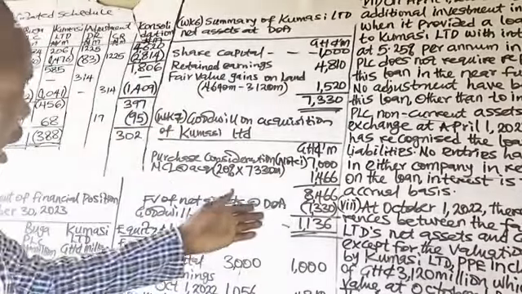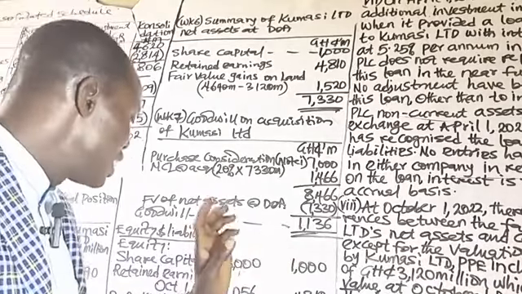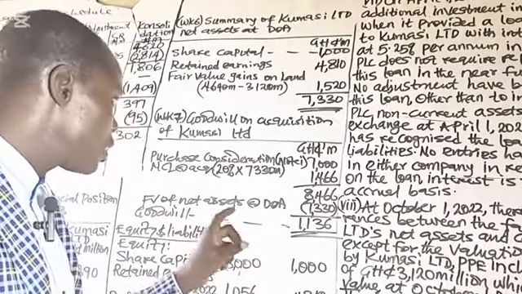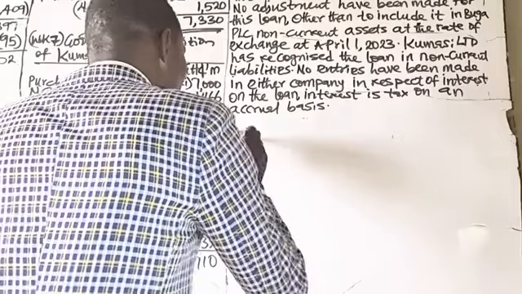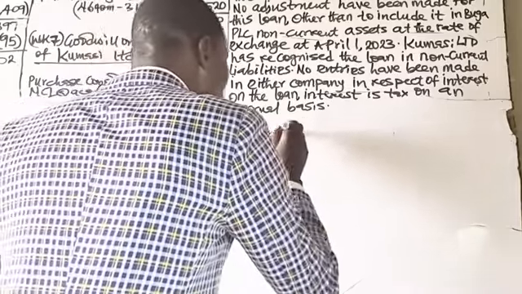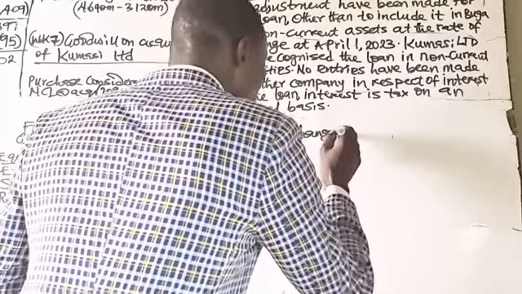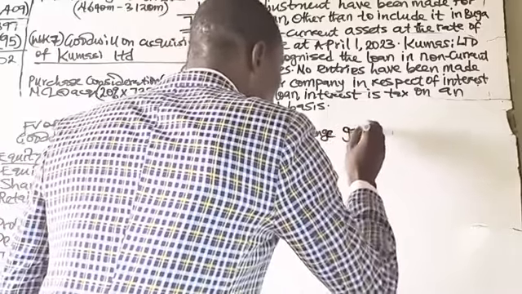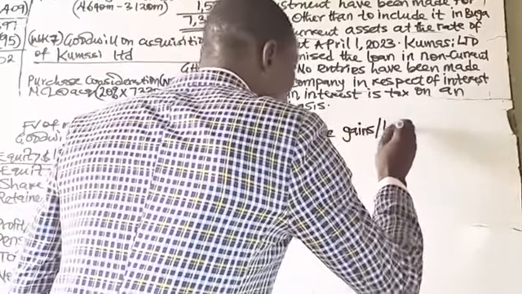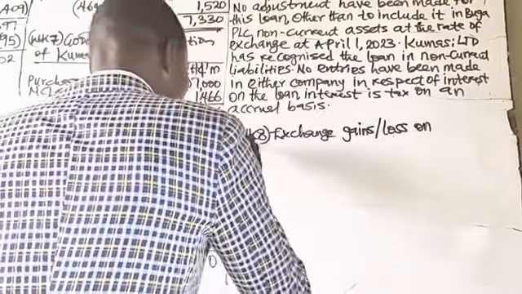Then we can translate this goodwill in order to get the exchange gains or loss on goodwill. Working number 8. Calculation of exchange gains or loss on translation of goodwill.